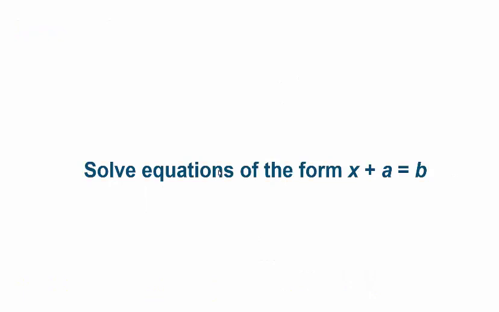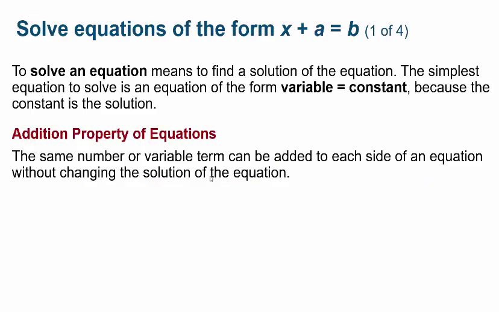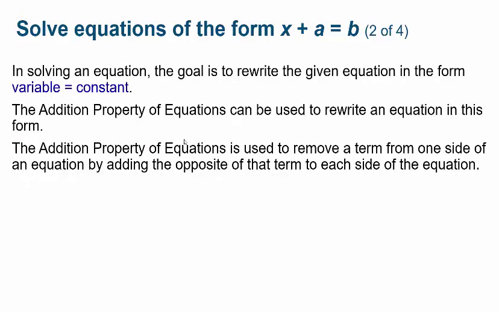All right, so let's talk about how you solve equations of the form x plus a is equal to b. To solve an equation means to find a solution of that equation. The simplest equation to solve is an equation of the form variable is equal to a constant, because the solution is a constant. For the harder ones, where it's x plus a, we're going to use the addition property of equations. The same number or variable term can be added to each side of an equation without changing the solutions of the equation.